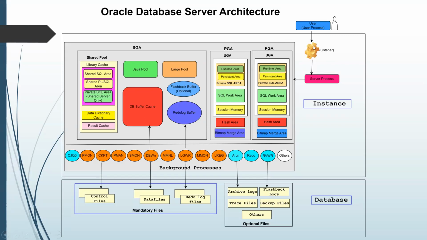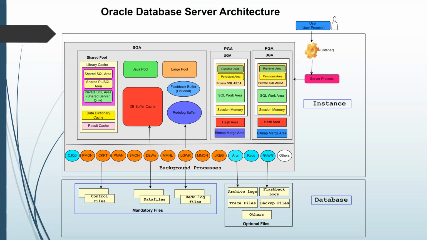So let's talk about a scenario wherein the listener has authenticated the user successfully, and now a dedicated server process has been created for that user. Now what happens? What is the job of this server process? The job of this server process is to execute each and every request that the user submits.